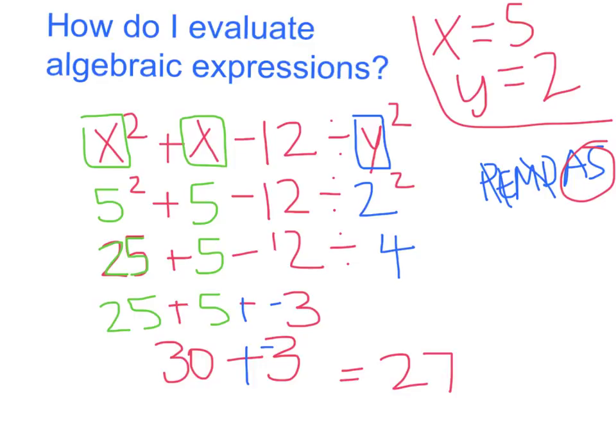You probably didn't add the opposite there, but if you did, that's okay. It's all the same thing. It's just being able to go back and forth and see it both ways. Remember, I talked about this sign being a negative sign, a subtraction sign, and an opposite sign. So really, as long as you can see it those ways, you should be fine in whichever option you choose to do.